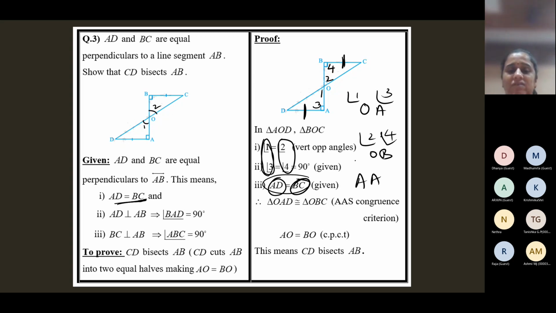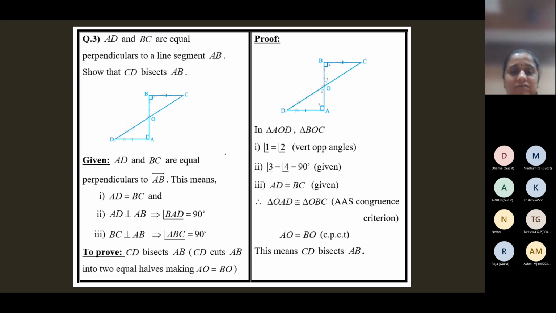So AAS: we have mentioned two pairs of equal angles and some other side. In this triangle, we have written information about angle 1 and angle 3. Then the included side would be OA, but we have written AD here.